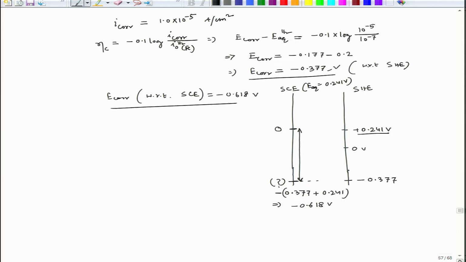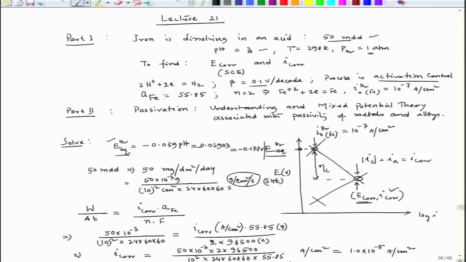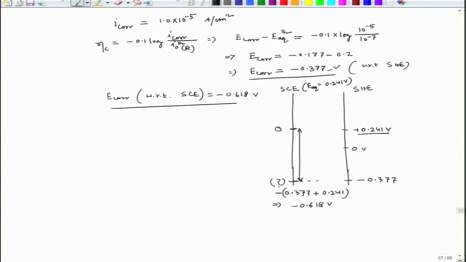So, this is the problem I wanted to show, how to make use of different reference electrodes. Now, in case of different reference electrodes, this equilibrium value will be different. In case of the saturated calomel electrode, this is the voltage.